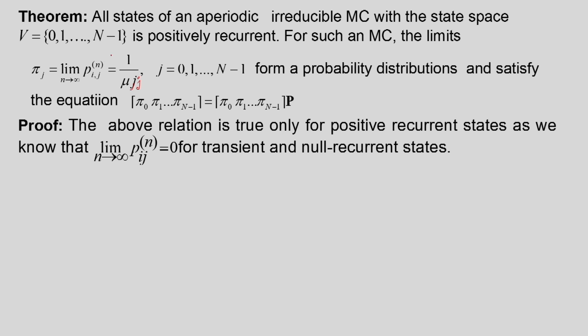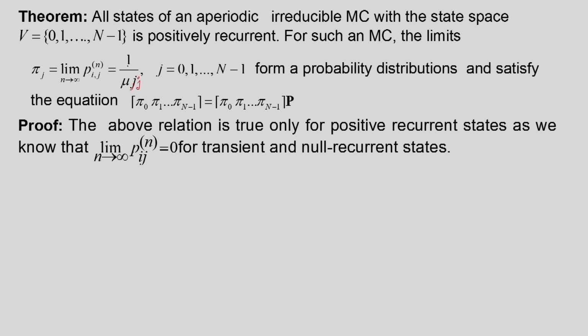In that case, for a finite Markov chain, that means if the state space is finite, a steady state distribution will exist, and it is given by this equation. First of all, this relationship is true only for positive recurrent states, as we know that this quantity is 0 for transient and null recurrent states, which we have already derived.